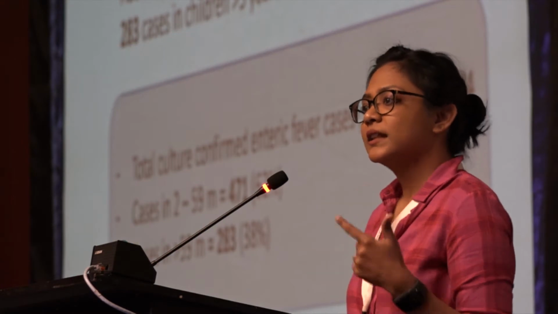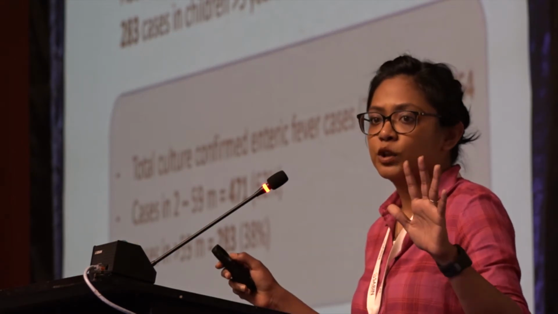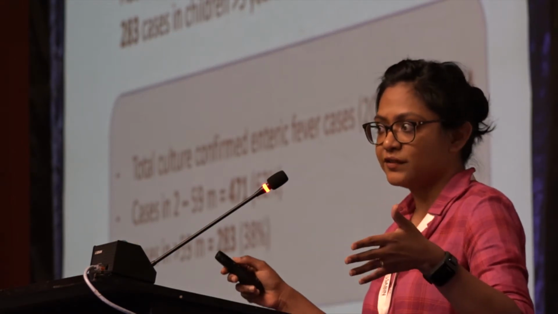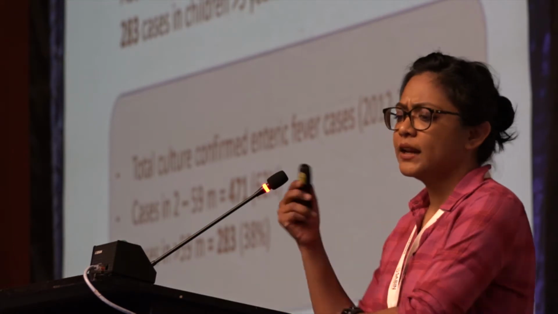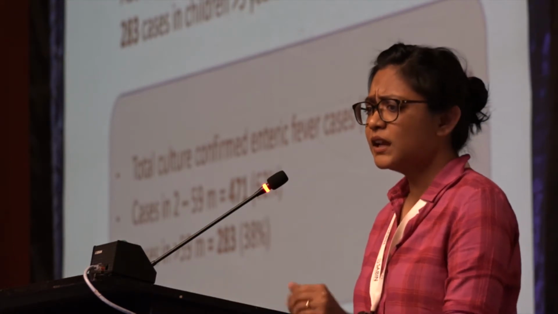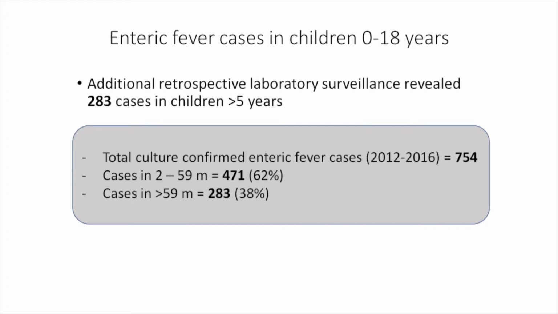Now, we went on a little further because this platform only allows for capturing under 5 cases. We wanted to see what's going on in over 5 cases. So we used the same retrospective laboratory surveillance and found 283 confirmed cases in over 5 children.